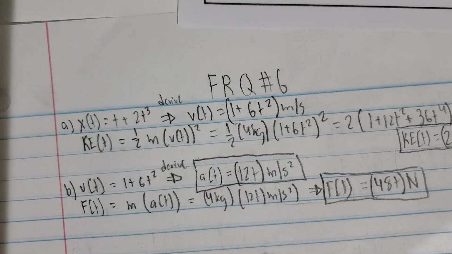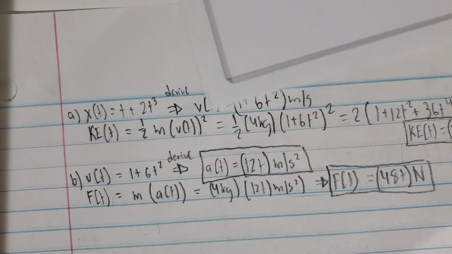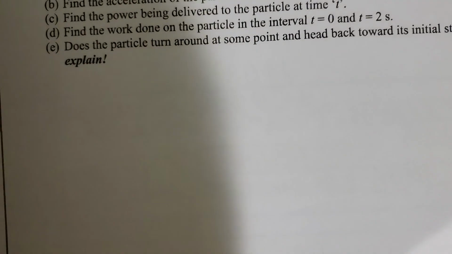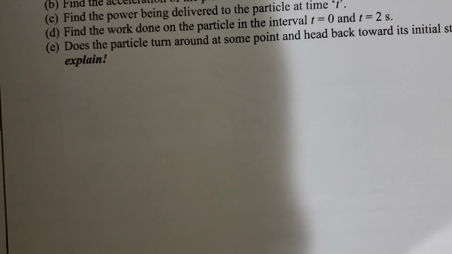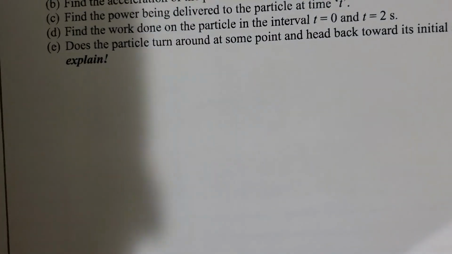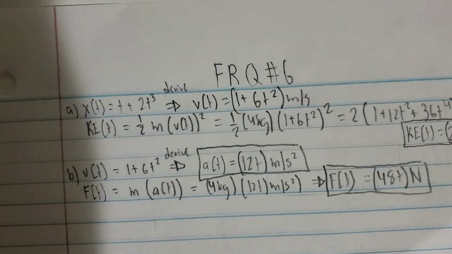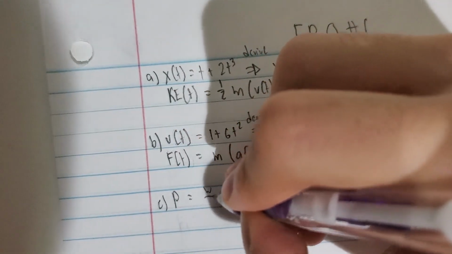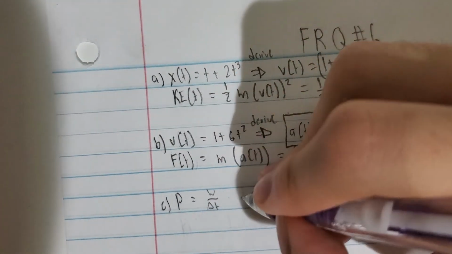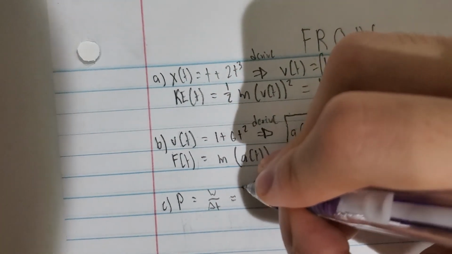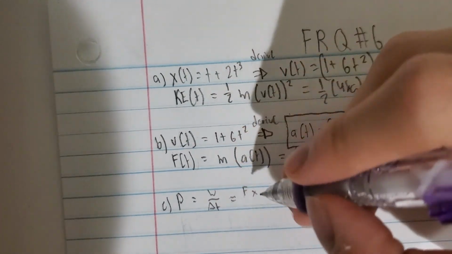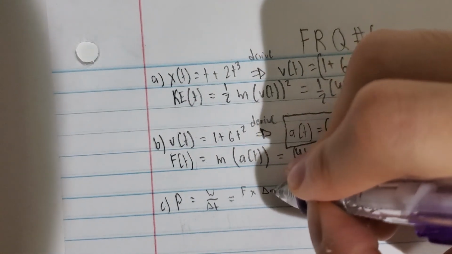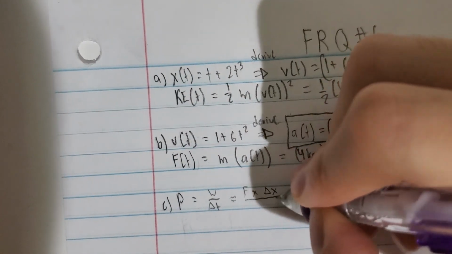All right. Part C now wants me to find the power being delivered to the particle at time t. So make a function for power in terms of time. So power, first of all, is equal to work over change in time. Work is equal to force times the distance, delta x.